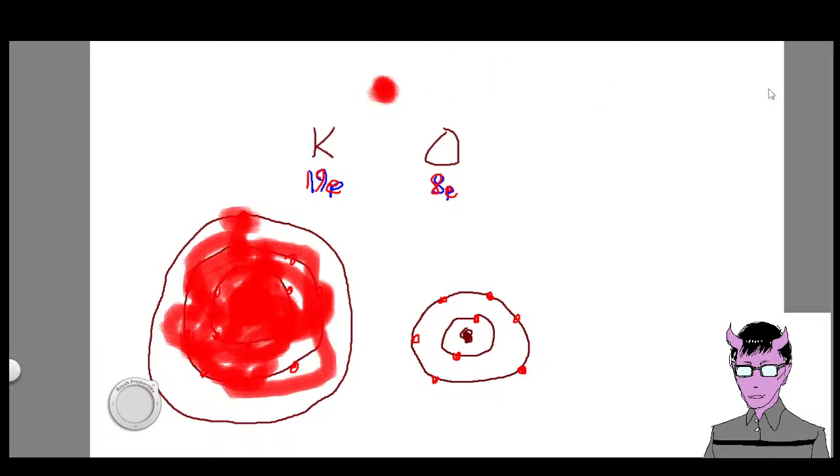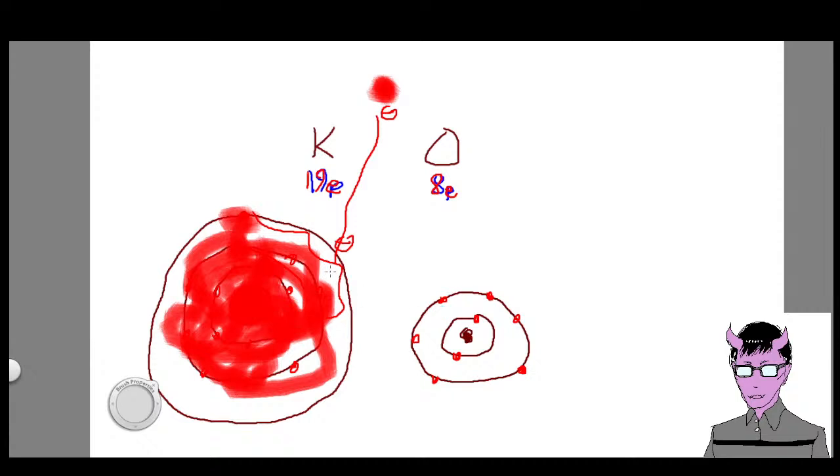So as such, this electron has a very hard time being attracted to this core, simply because there are so many layers of electrons. So this is a phenomenon referred to as electron shielding. You can just call it electron repulsion, honestly, because electrons, again, are minus, and this is also a minus, and this one has a very hard time being attracted to the core nucleus because it's surrounded by so many negative electron cloud densities.